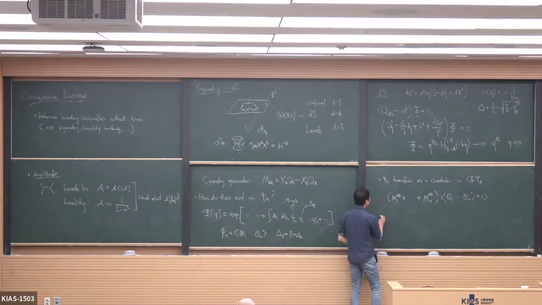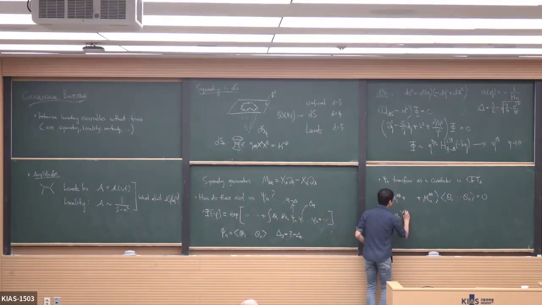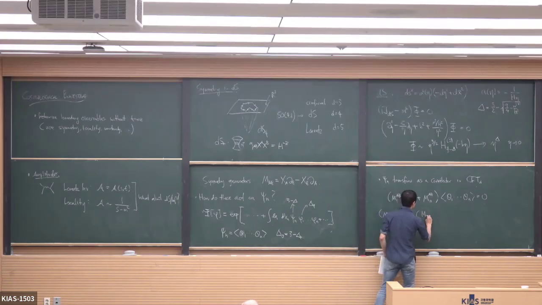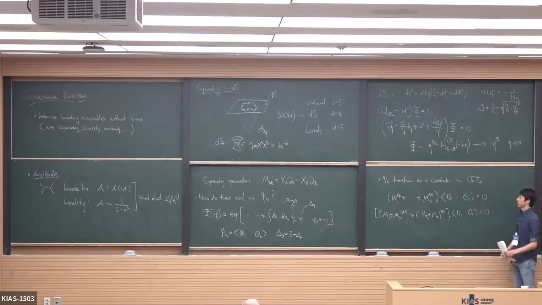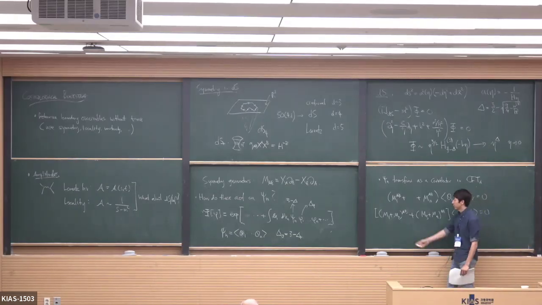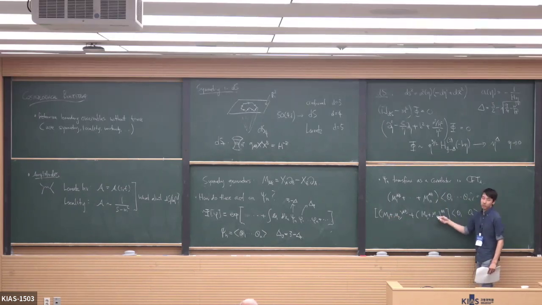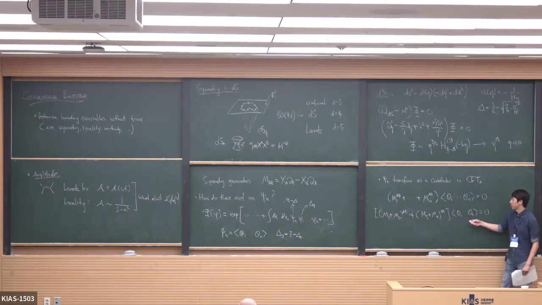So let's consider the 4-point function. Let me write it this way. I just collected M1, M2, M3 and M4 together. This is the conformal constraint on the 4-point function.